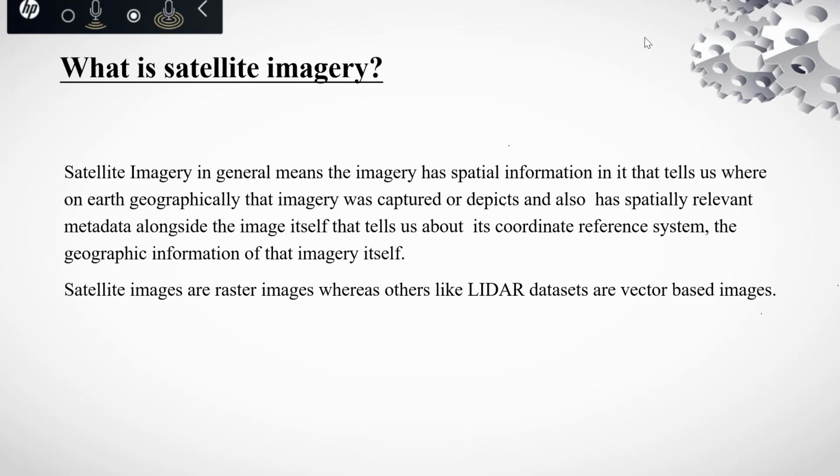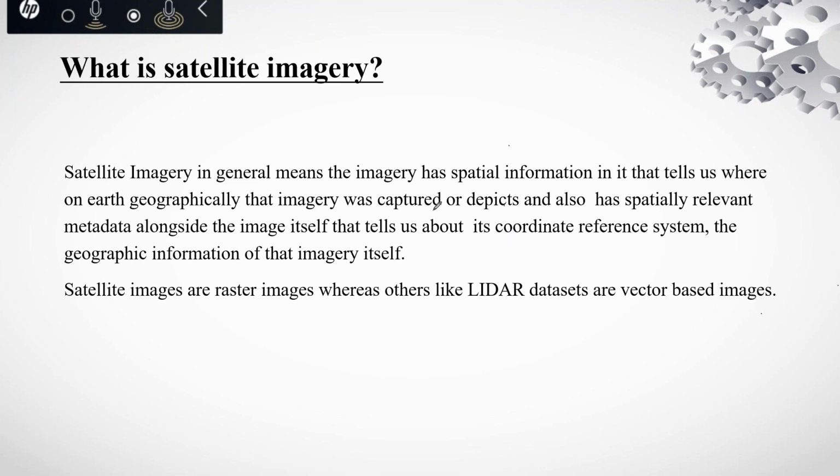The imagery has some spatial information in it, which are the images taken from the satellite above. These are geographical data. That means it covers the land, the oceans, and everything that is seen from space. It also depicts some objects like roads, cars, and so on. And it contains spatially relevant metadata, which can be used for weather analysis.